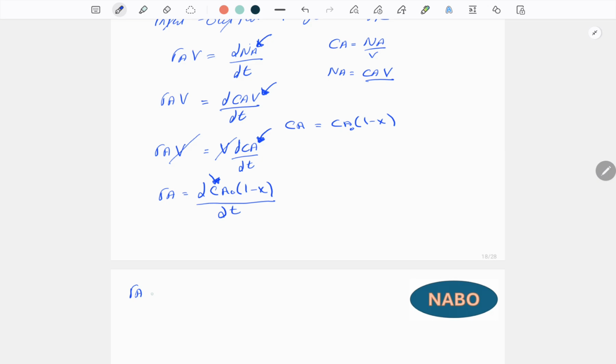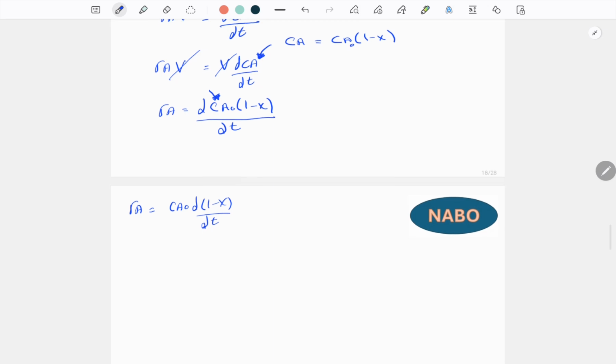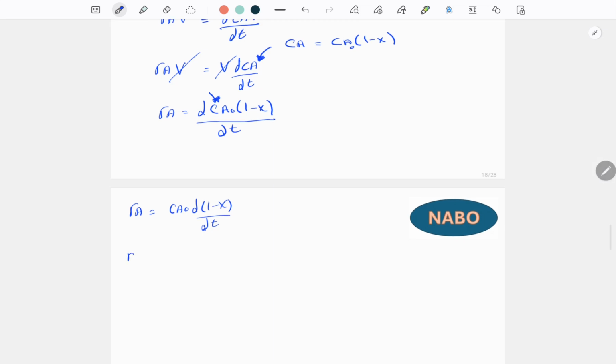Now the equation will look like this after taking out the initial concentration from the differential: CA naught times d(1 minus x) over dt. We can also take it to the other side if we want. Okay, so RA over CA naught, which is the initial concentration, equals the differential of 1 minus x over dt.